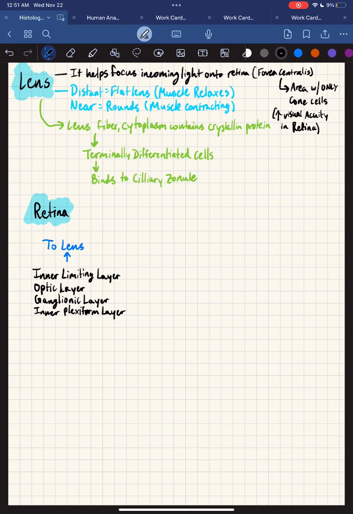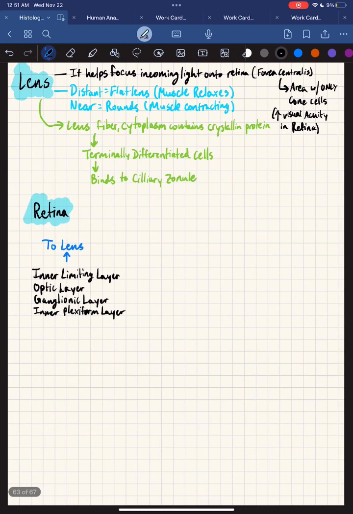After that, these next few are pretty simple. They have very predictable names. Inner nuclear layer. And the histological significance, when we go into it right after this, is going to make a lot more sense based off of the names. So finishing up the inner, now we're going to the outer.